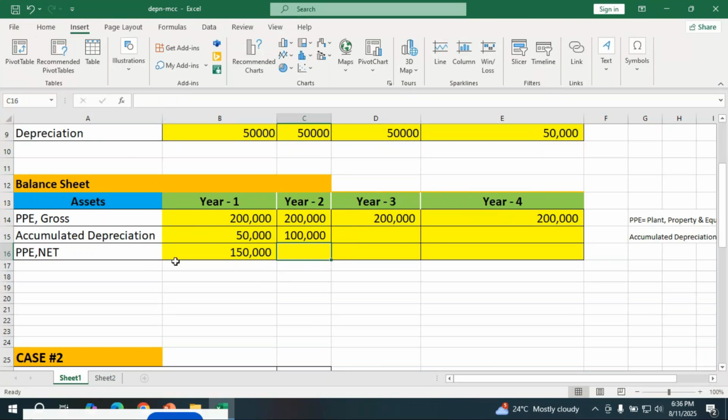So the current year's 50,000 for year 2 plus the depreciation of year 1, 50 plus 50, it is 1 lakh. Here again the balance amount should be equal to 2 lakh minus 1 lakh. Okay. Next.